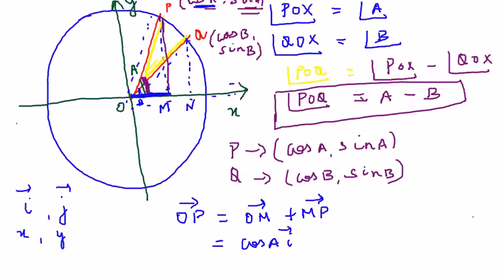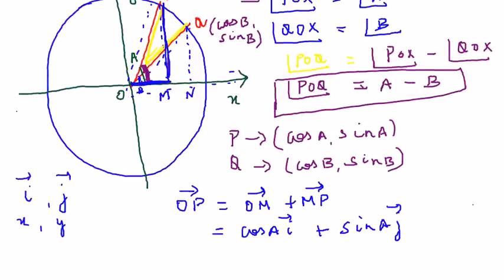MP is the y coordinate, parallel to the y-axis, so it becomes sin A j vector. This is one equation.